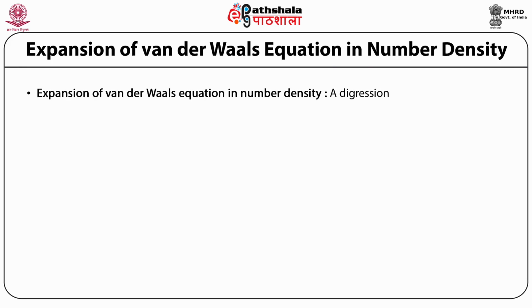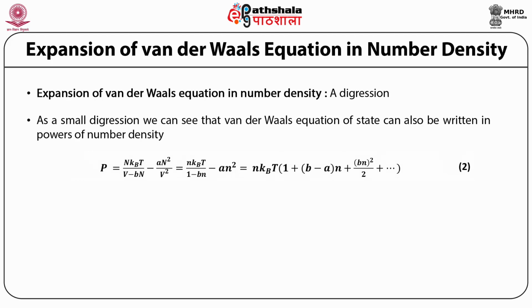We can see that the van der Waals equation of state can also be written in powers of number density as pressure P is equal to n kB T divided by V minus Bn minus A n square upon V square, which is equal to small n, the number density, times Boltzmann constant into T divided by 1 minus B times n, minus A times n square, which is equal to n kBT multiplied by 1 plus (B minus A) n plus (B n) raised to power 2 divided by 2 plus so on.